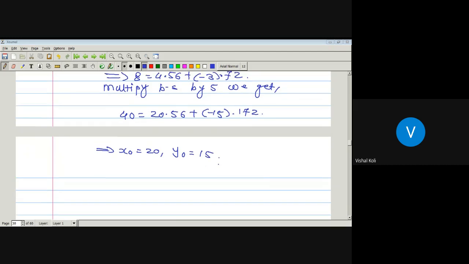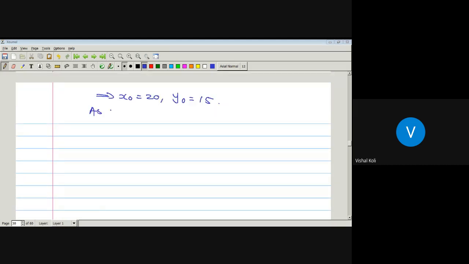Now, as we know that x dash is x0 plus b upon d into t, and y dash is y0 minus a upon d into t, which implies x dash is equal to x0, which is 20, plus b, which is 72 divided by 8, into t.